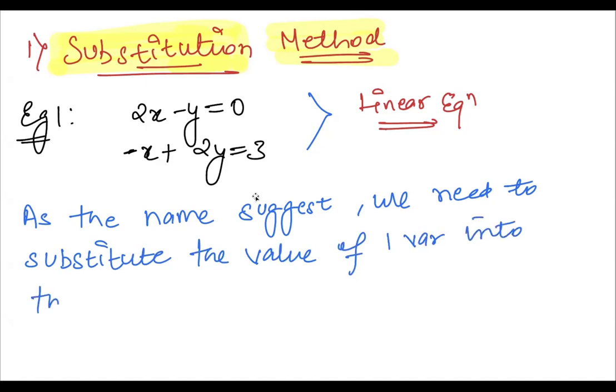How many variables do we have? Can you tell me? X and Y are two variables, right?